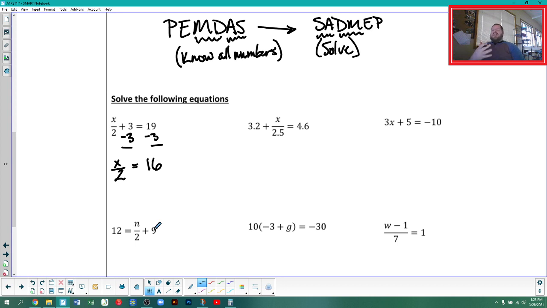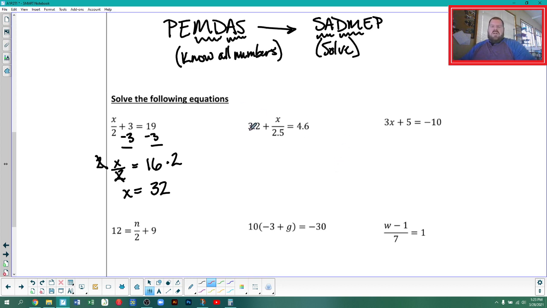I took something that had 2 steps and now it only has 1 step. I feel more confident solving this. I undo dividing by 2 by multiplying by 2. Those 2's cancel, and I get x is equal to 16 times 2, which is 32.